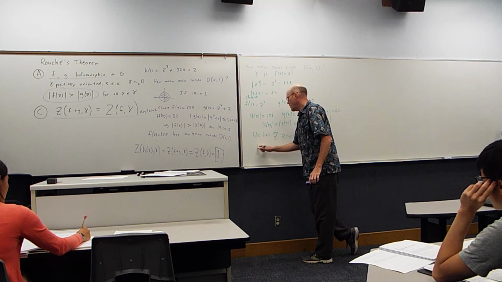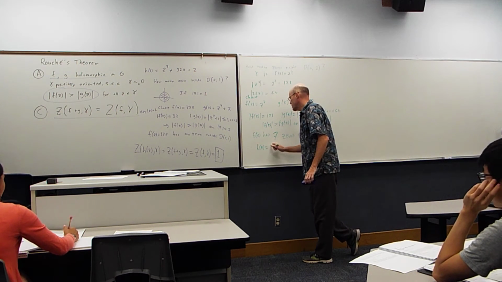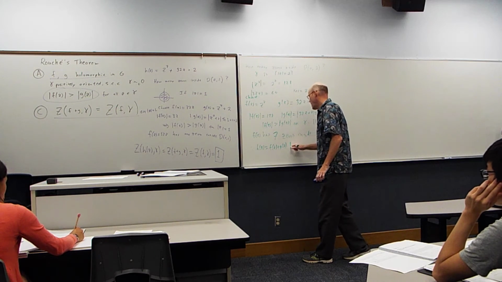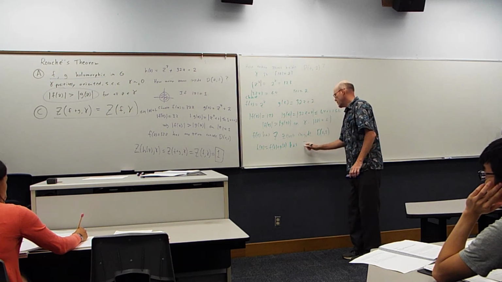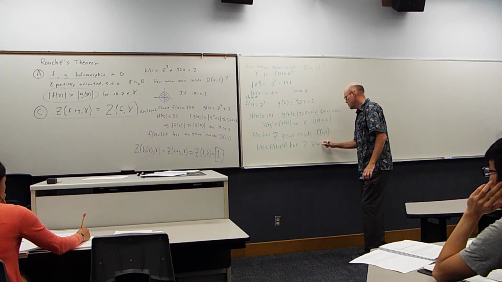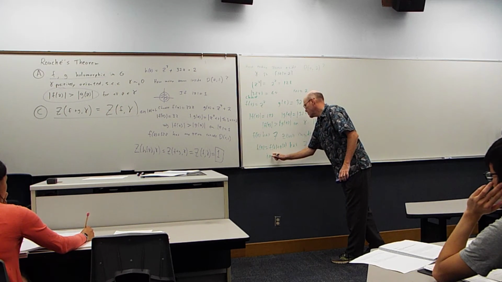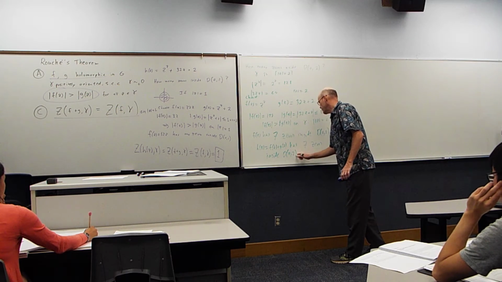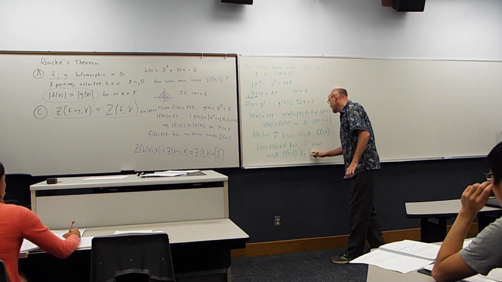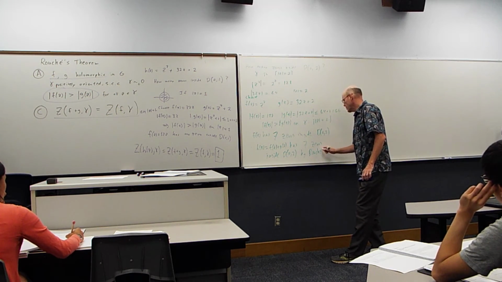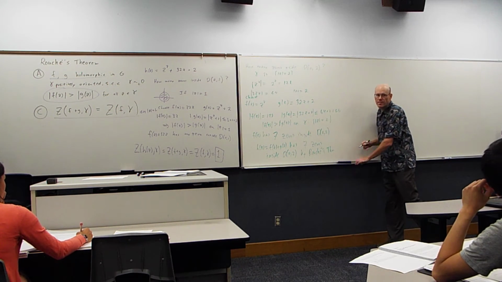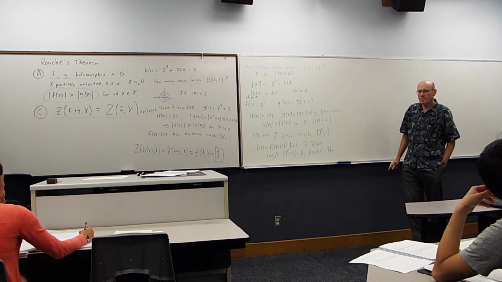Therefore h of z, which is f of z plus g of z, has 7 zeros by Rouche's theorem. So basically, the 2 never dominates by itself, right? The constant never dominates in the equation.